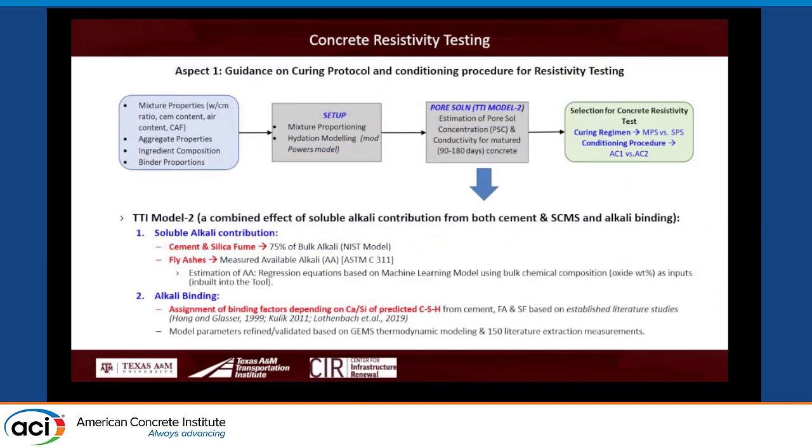What about the resistivity? A significant amount of work has been done by different researchers. Good work has been done. What we noticed is that a resistivity-based decision is a classification, but we need to go to the next step. Classification means resistivity needs to be converted to formation factor. Formation factor is a fundamental way to characterize the transport property of concrete.